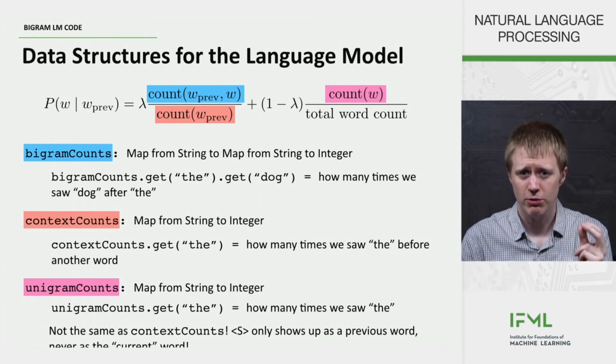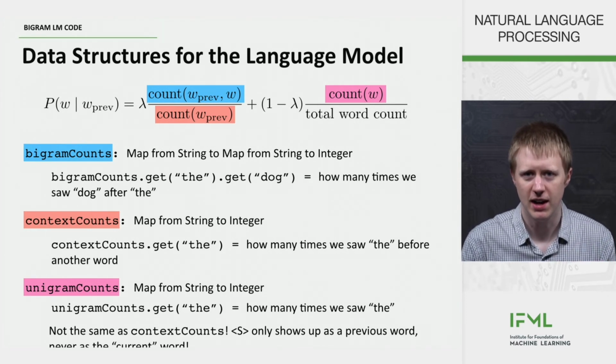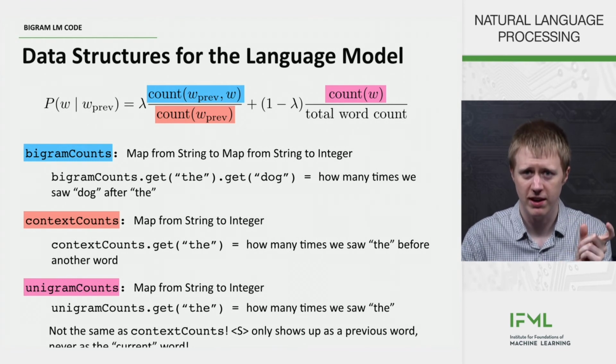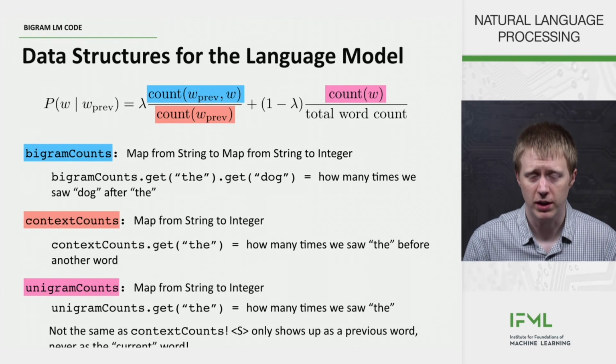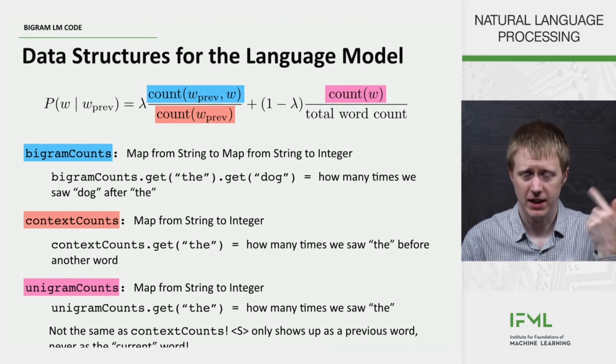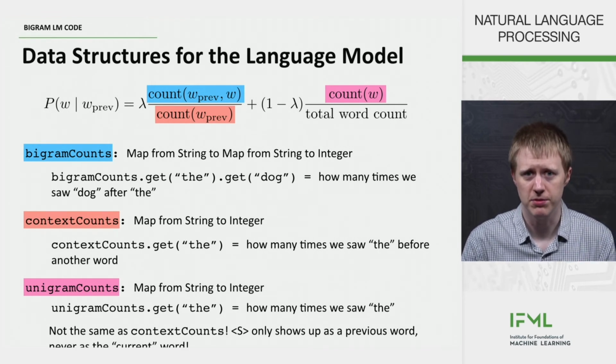They only differ in thinking about the start of sequence token and the end of sequence token. I'm not going to go into too much detail about that; more or less you just want to take what's there and plug it into the formula. These counts are the way that we compute these probabilities. When we're given words, we can look up the counts of those words and then use those word counts in this formula with the lambda values to compute these probabilities.